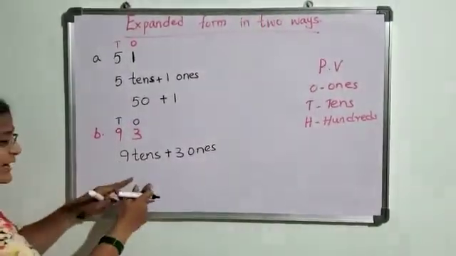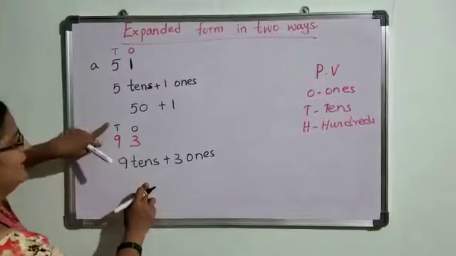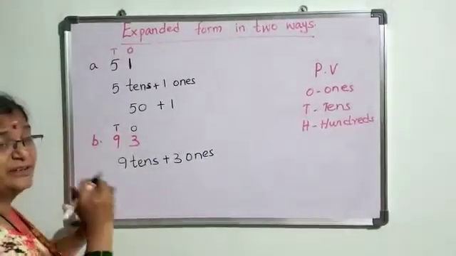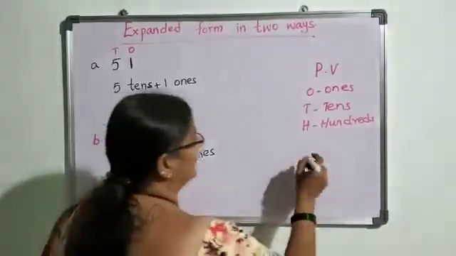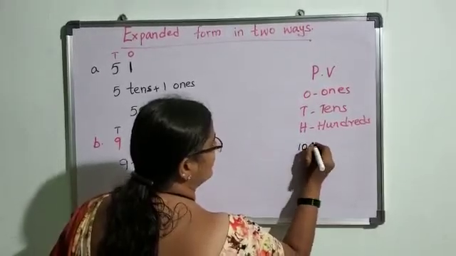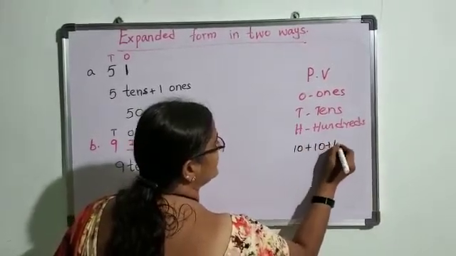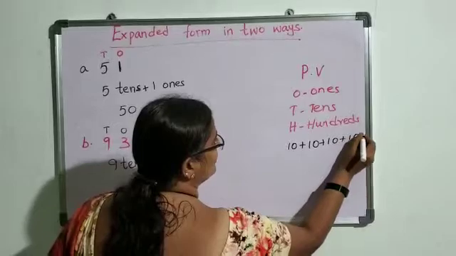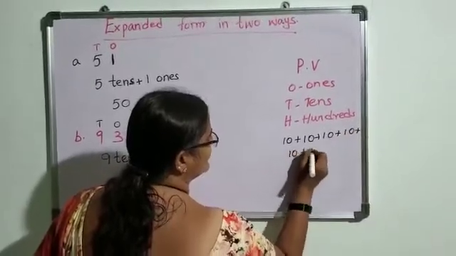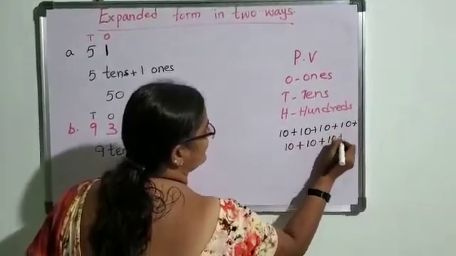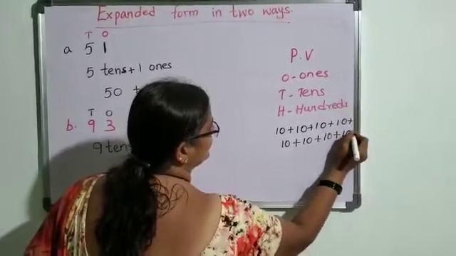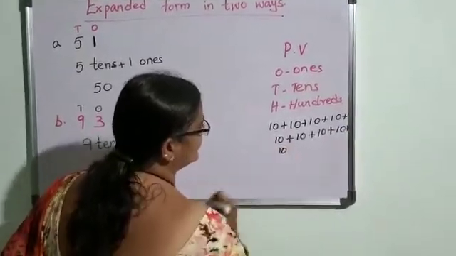Now, second way, 9 tens. How much? Now, 9 tens means 1, 2, 3, 4, 5, 6, 7, 8 and 9.